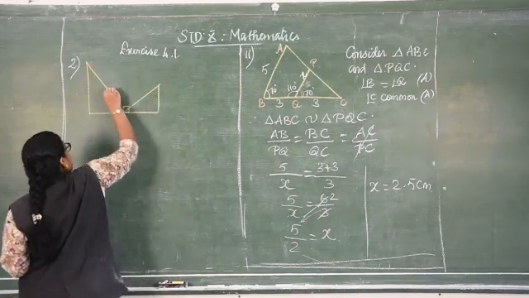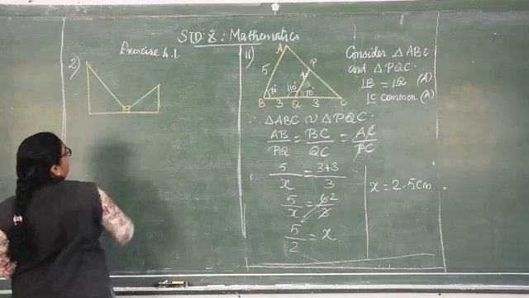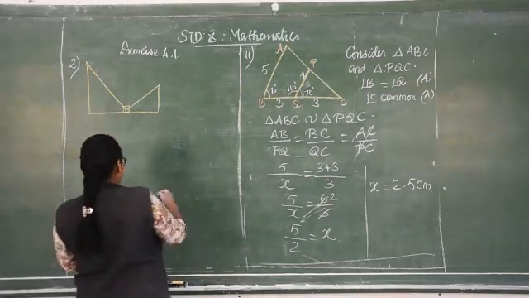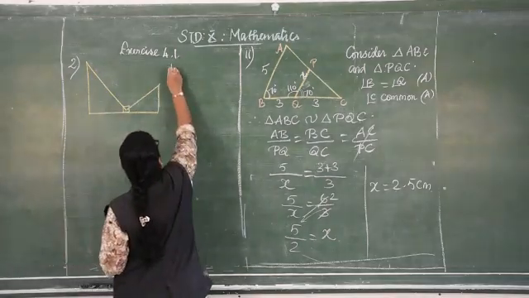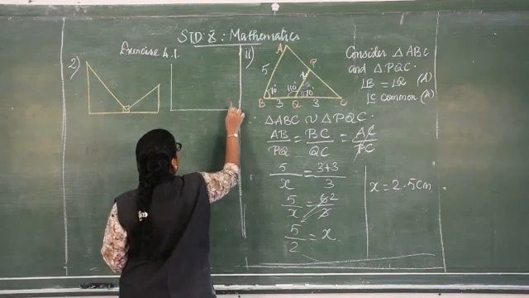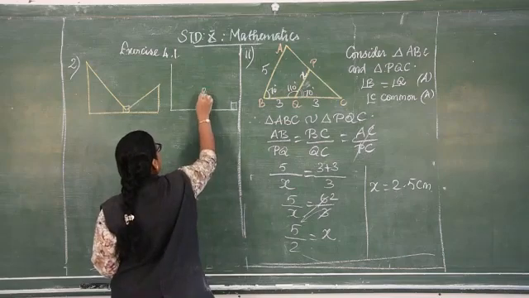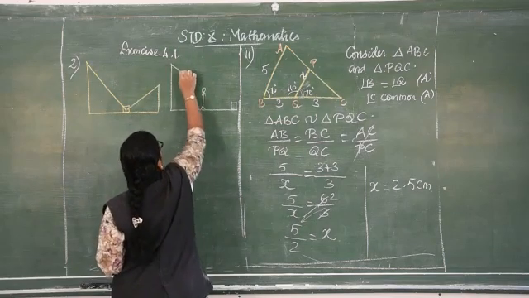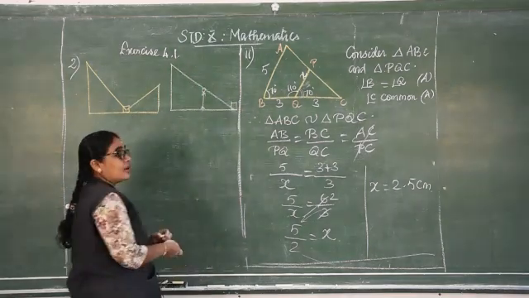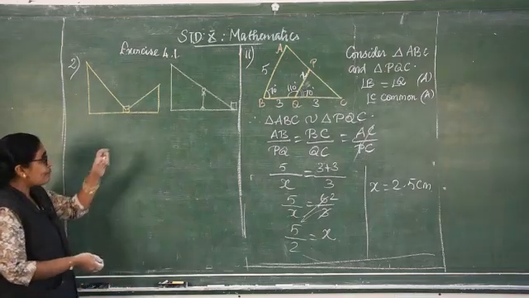Or else, one more diagram: the lamp post is like this, the mirror is here and the girl is here, all the reflections lying on the same place.